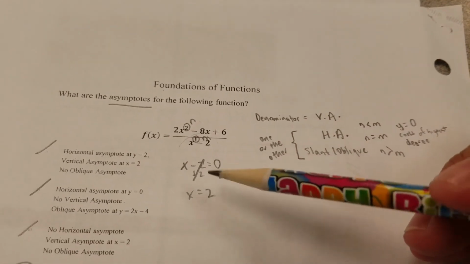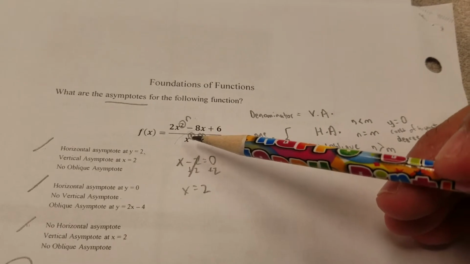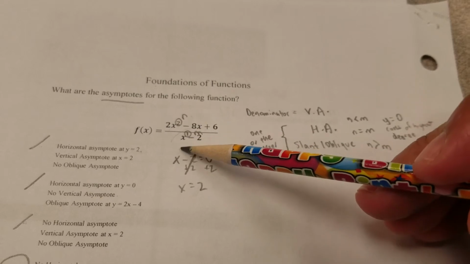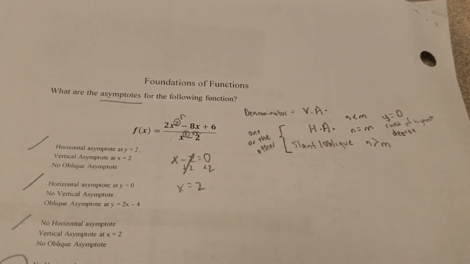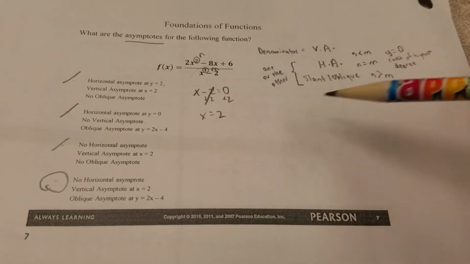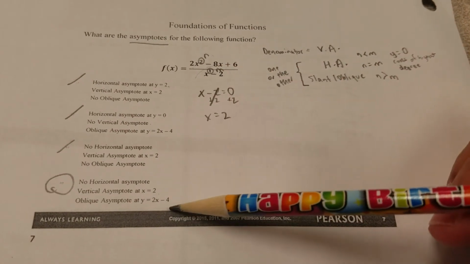What I mean by that is, let's say this said x squared minus 2 on the bottom, then I would divide 2 by the number in front here, which is a 1, so 2 divided by 1 is 2. Okay, so I do have a slant asymptote because it's higher on the top than on the bottom.